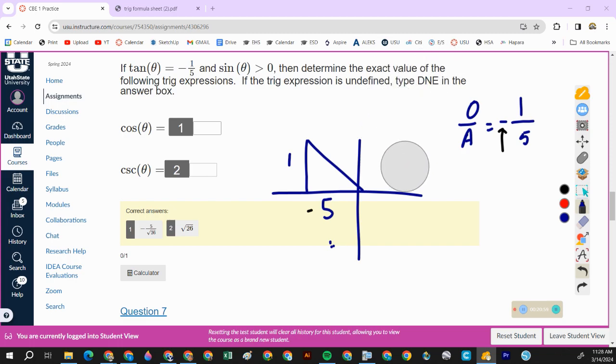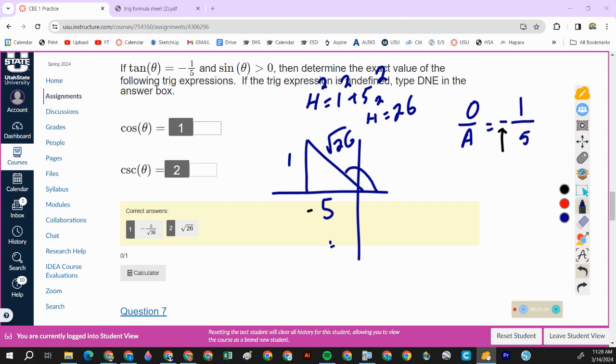All right, so we know where we are. So what is the cosine of that angle? So this is my angle, right? The cosine is just going to be negative 5 over h. So h squared equals 1 squared plus 5 squared. So h squared equals 26. So this is the square root of 26.